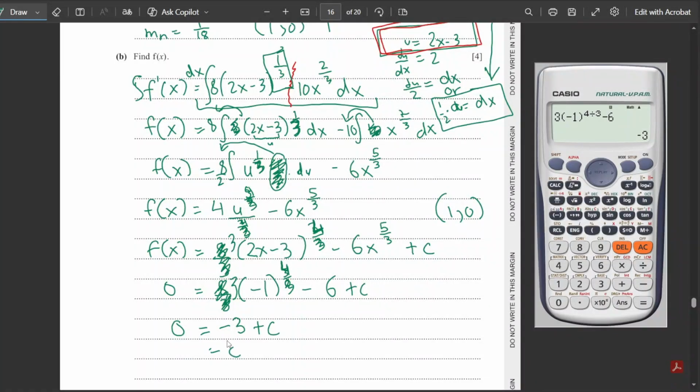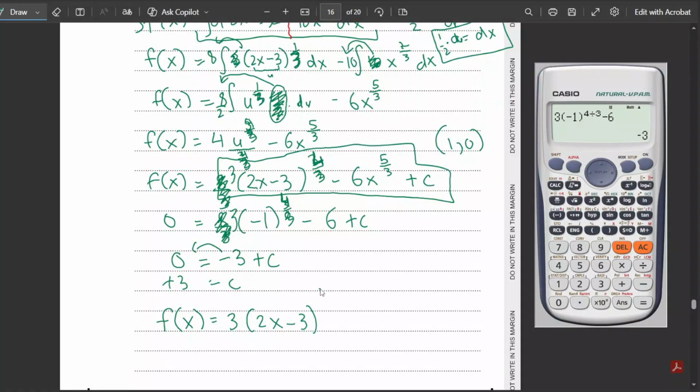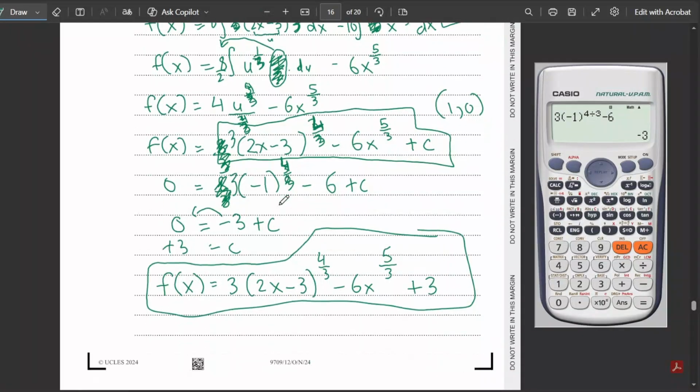And then if we rearrange it, send 3 to the other side, it's going to become plus 3. And so our answer is going to be f of x is equal to 3 times 2x minus 3 raised to the power 4 by 3, minus 6x raised to the power 5 over 3, and then plus 3. This right over here is going to be the equation of the curve.